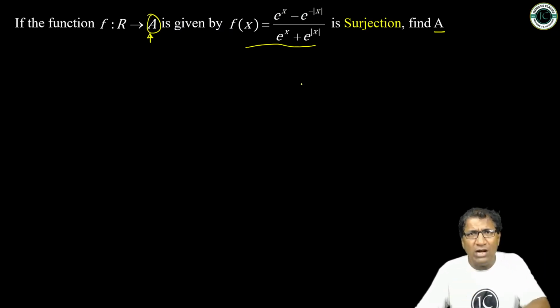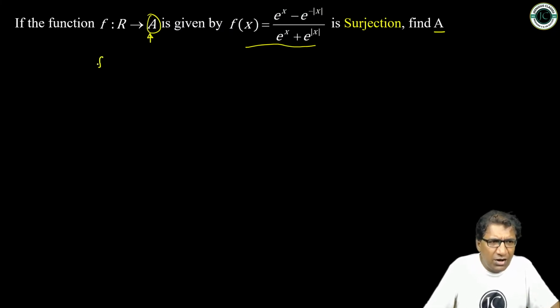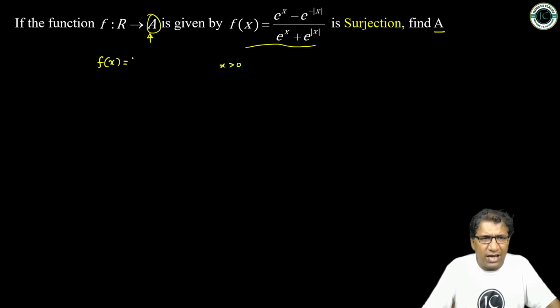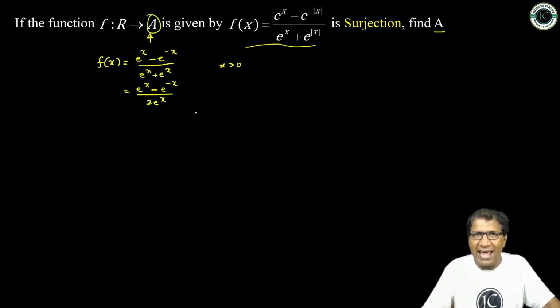Now, to find the range of this function, we will first redefine it. When x is greater than 0, f(x) comes to e to the power x minus e to the power minus x, divided by 2 times e to the power x. So we have (e to the power 2x minus 1) by 2 times e to the power 2x.